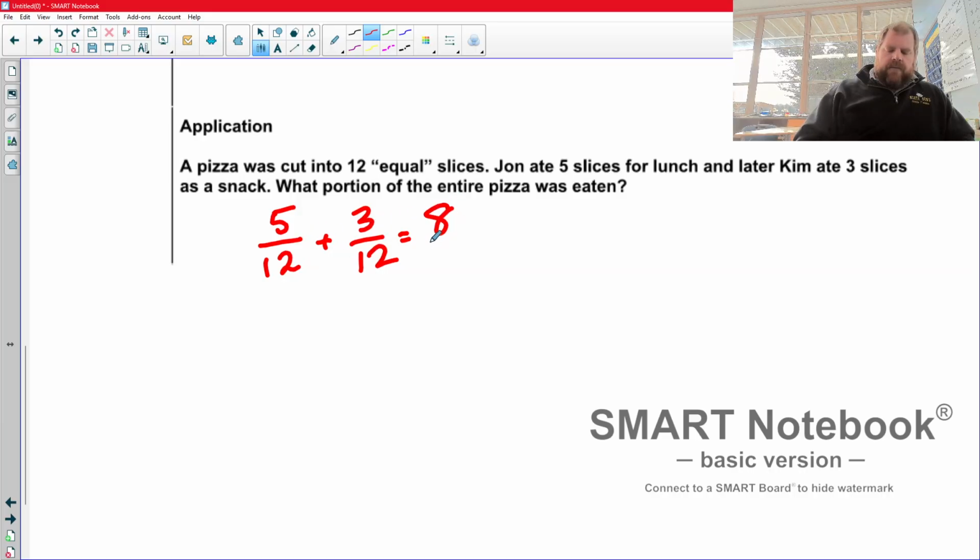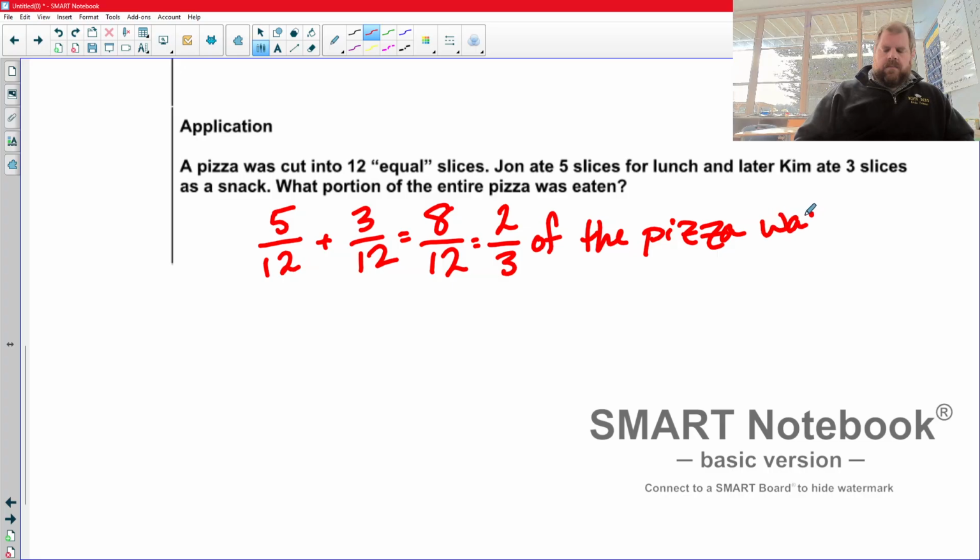And it looks like 5 plus 3 would be 8 out of 12. Those are both multiples of 4. 8 is 2 times 4. 12 is 3 times 4. So I would say 2/3 of the pizza was eaten. There we go.